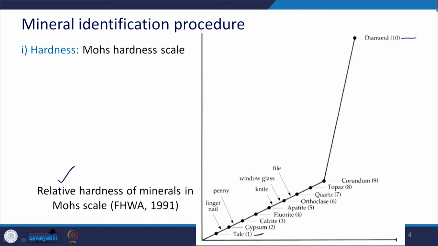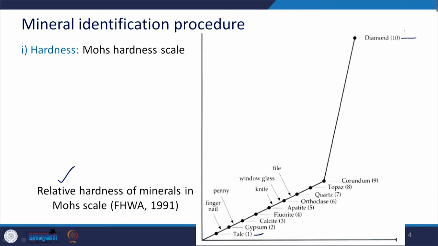So when I say 1, that means the softest mineral, and when I go up to 10, then it is the hardest mineral. On that scale all the minerals have been distributed on the basis of their relative hardness.